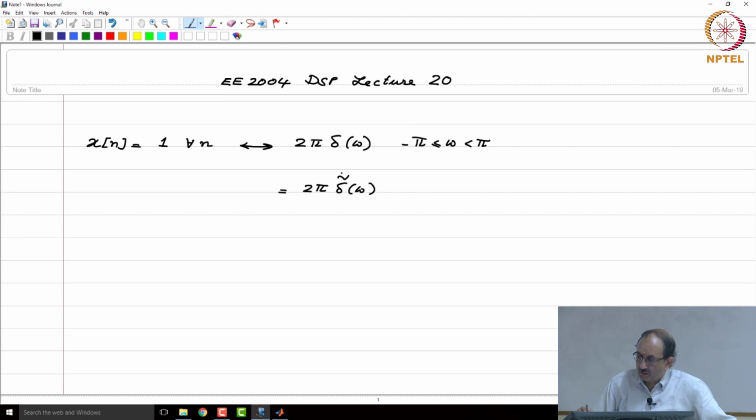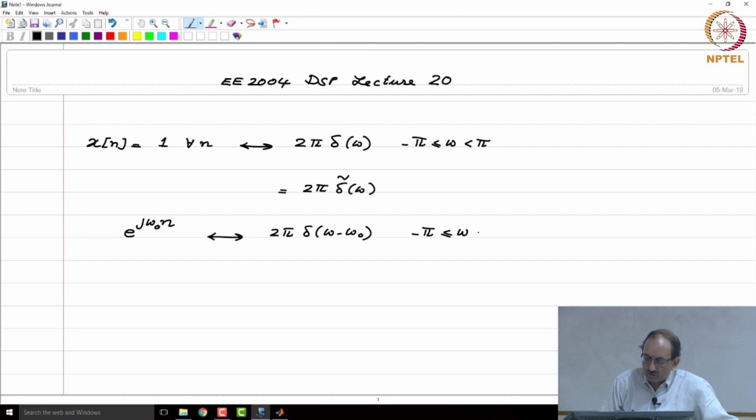And the moment you have this, immediately you can get the transform of e to the j omega naught n using the modulation property, and this of course is 2 pi delta omega minus omega naught. And again, if you use the delta notation, you have to specify the range, and this is the same as 2 pi delta tilde omega minus omega naught.